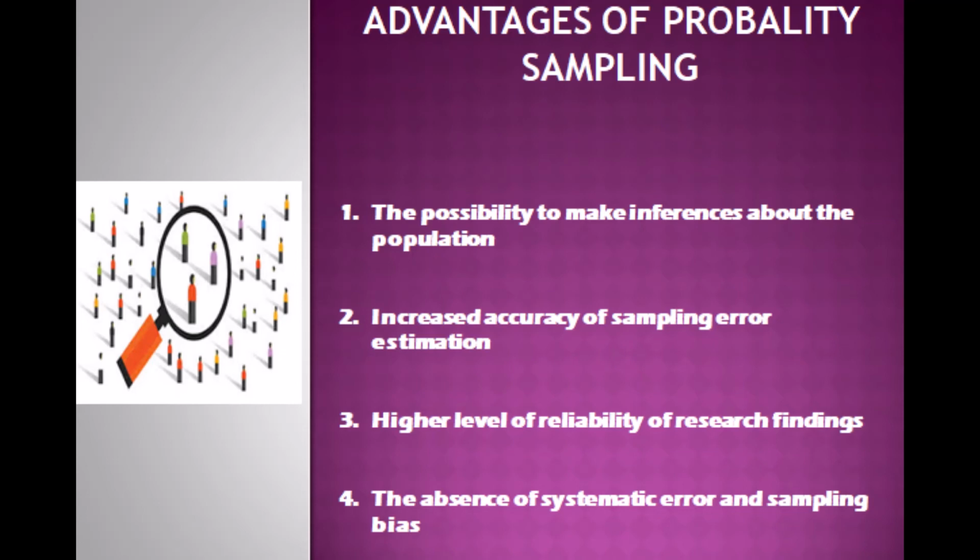Number two advantage is that even if there are sampling errors, we have an increased chance of estimating accurately the sample errors that are made in the sampling.